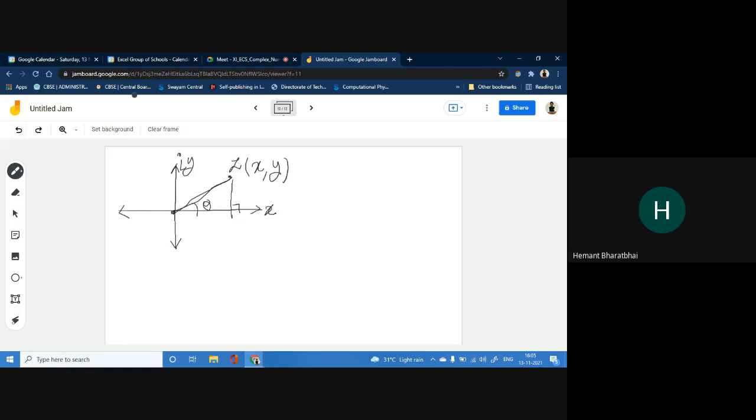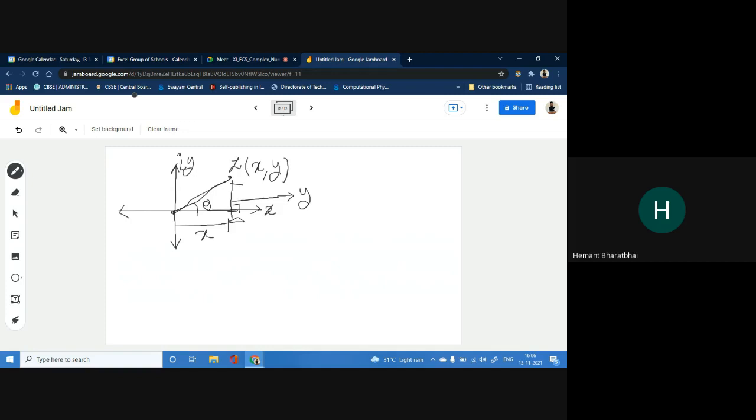So this is going to be my x distance, whereas this is going to be my y distance.